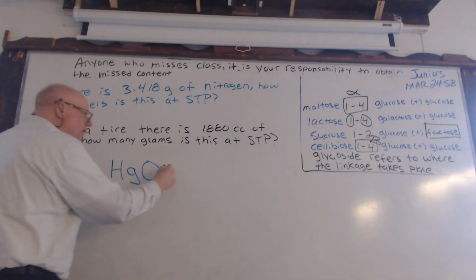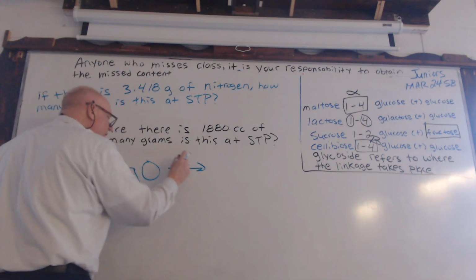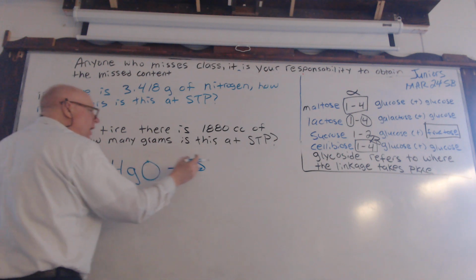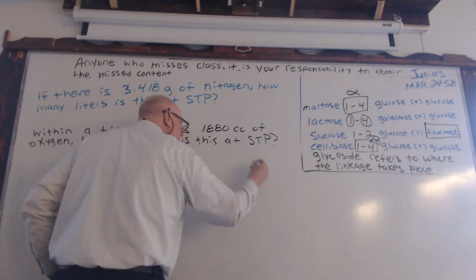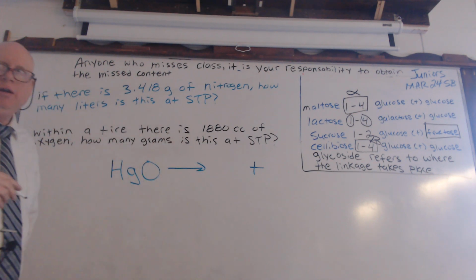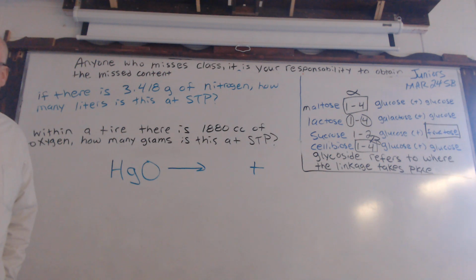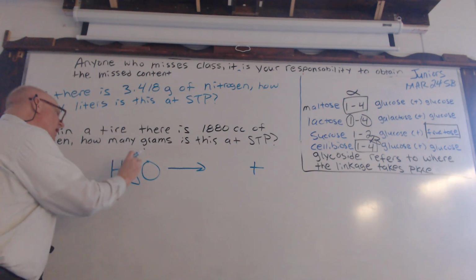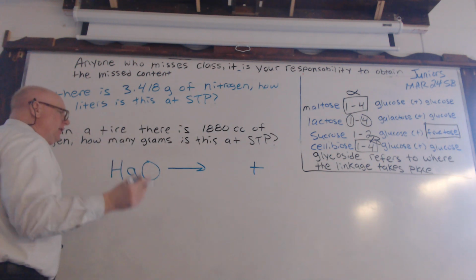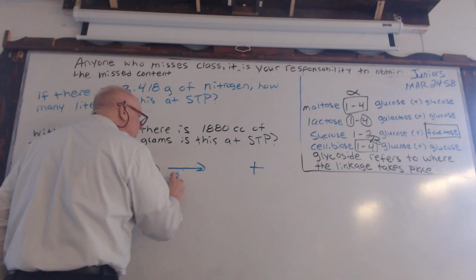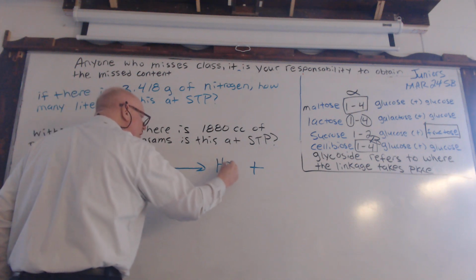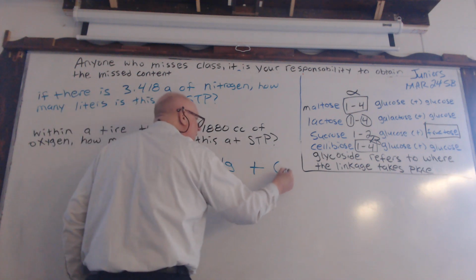In other words, what would this maybe resemble where you have something here and then something plus something else? Yeah, a decomposition reaction. So you have to have some way to break that apart. So you'd have to have a catalyst. Of course, that would be heat, and then you break that down into mercury and then plus your oxygen.